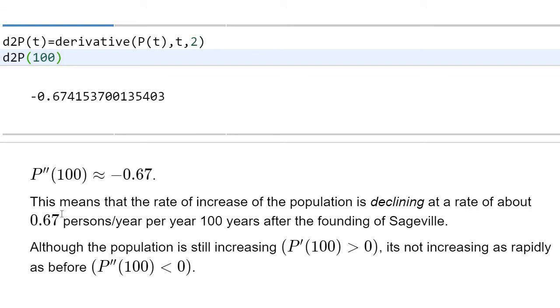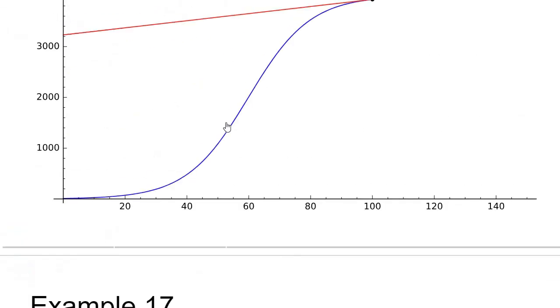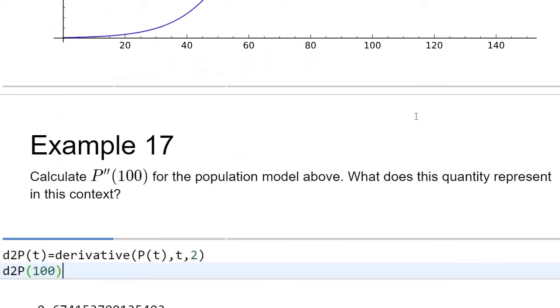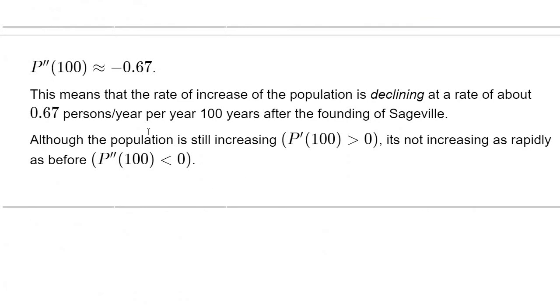So it's still increasing, but it's not increasing quite as fast. The population never decreases. According to this model, if you look at the graph, the population never goes down. The population is always increasing, but it's not increasing as fast. Down here, it's increasing very quickly. Up here, it's increasing slowly, and the rate of increase is falling. That's what this number is telling us.